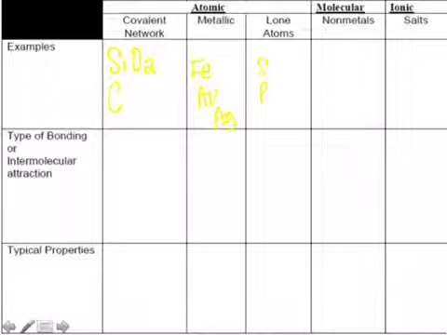Give me a solid nonmetal molecule. CH4, if we brought the temperature down low enough and made it into a solid, because usually it's a gas. Ice. Or maybe glucose.